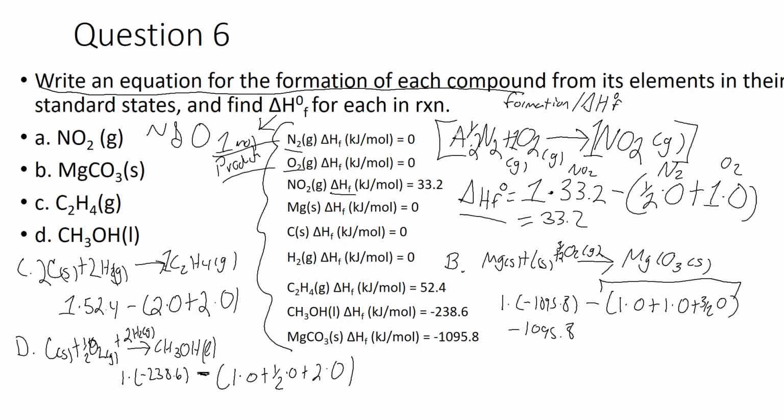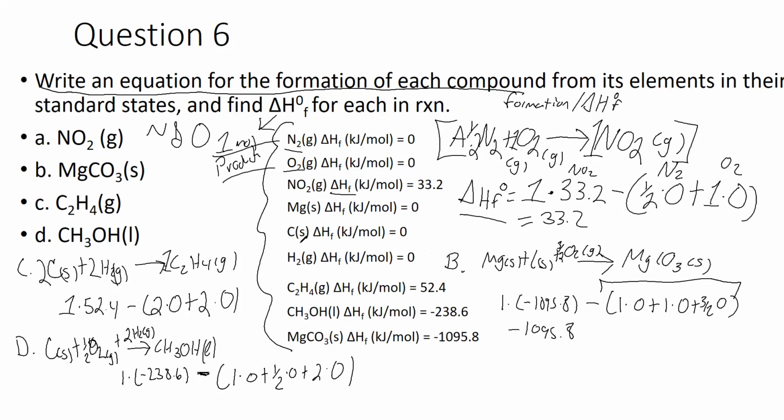This is the simplified version of these types of problems, because we're making it from elements in their standard states. For elements in their standard states, like nitrogen, oxygen, magnesium, carbon, and hydrogen, the delta H formation is always 0. In a compound, it's not 0, but in an element, it is 0.